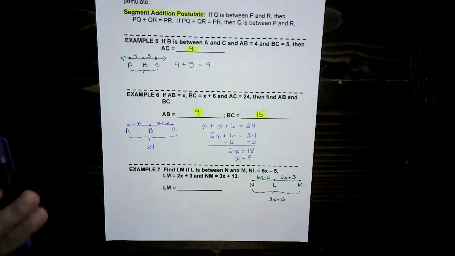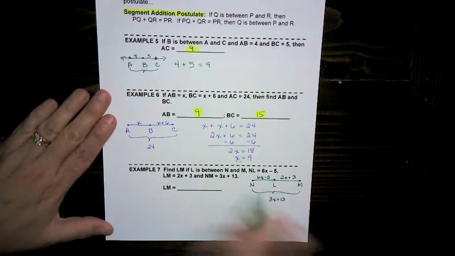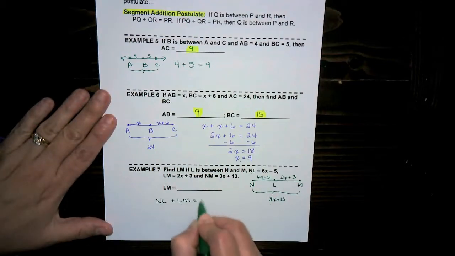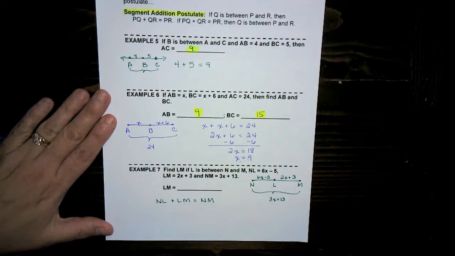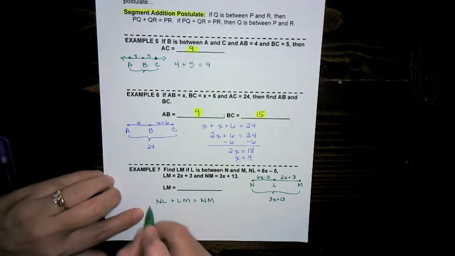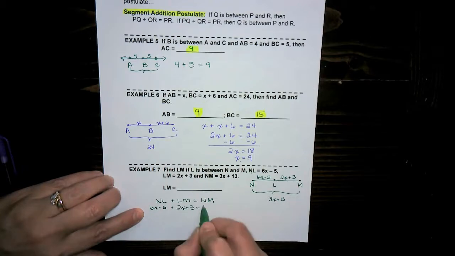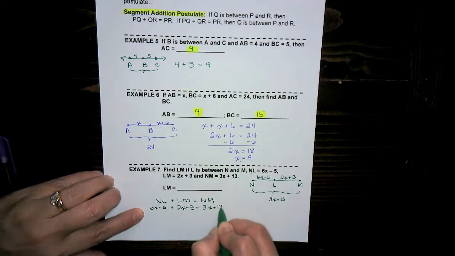Okay, so let's set up that equation first of all. We're going to do NL plus LM equals NM. Okay, so NL, 6x minus 5, LM, 2x plus 3, and that equals NM, which is 3x plus 13.